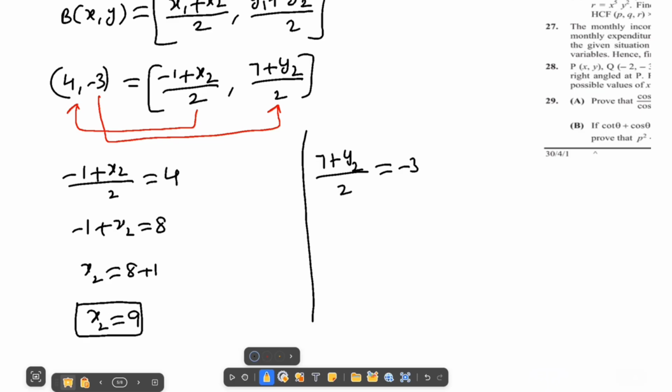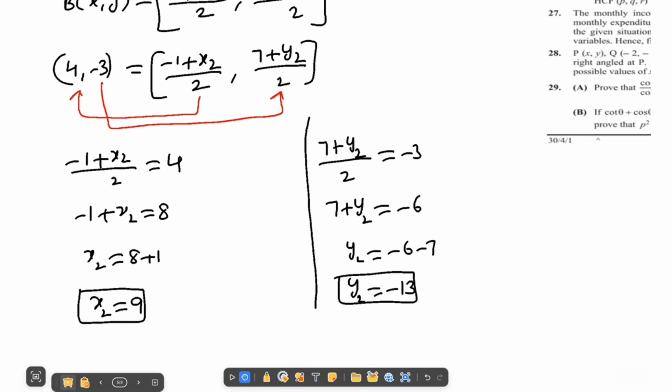Now here on the right side, send 2 to the right side. 7 plus y2, 2 into minus 3 is minus 6. Send this plus 7 to the right side. Now y2 is equal to minus 6 minus 7. Now y2 will be equal to minus 13.